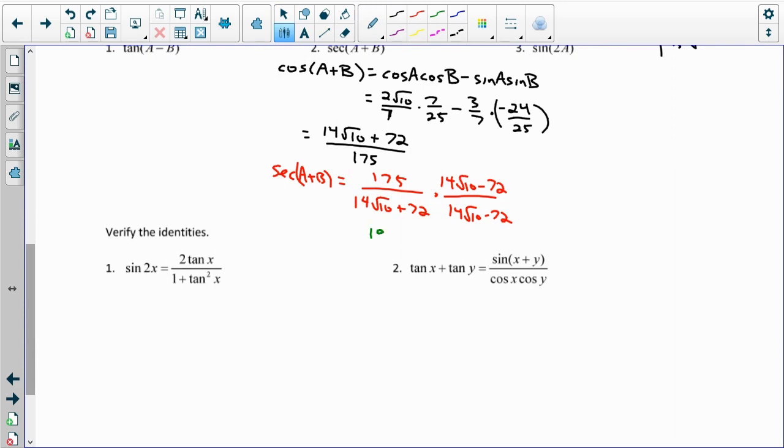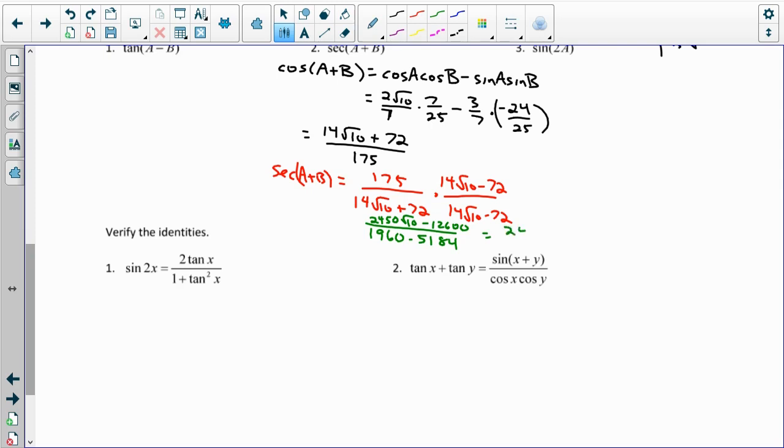So I end up with 1960 minus 5184 as my denominator because the middle terms cancel out. And then the numerator ends up being 2450 root 10 minus 12,600.